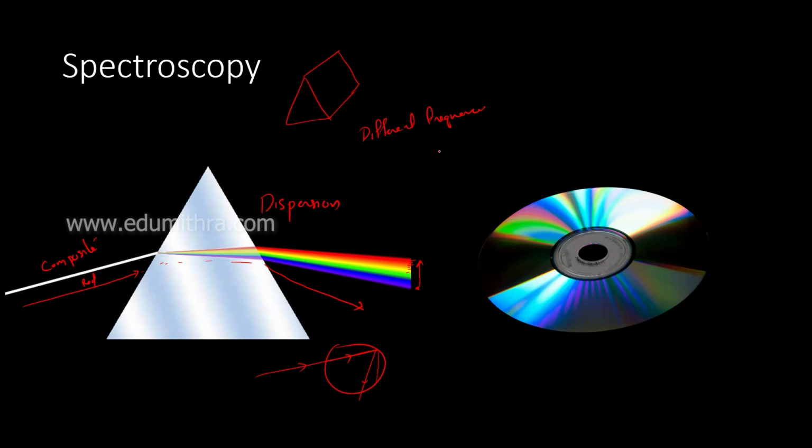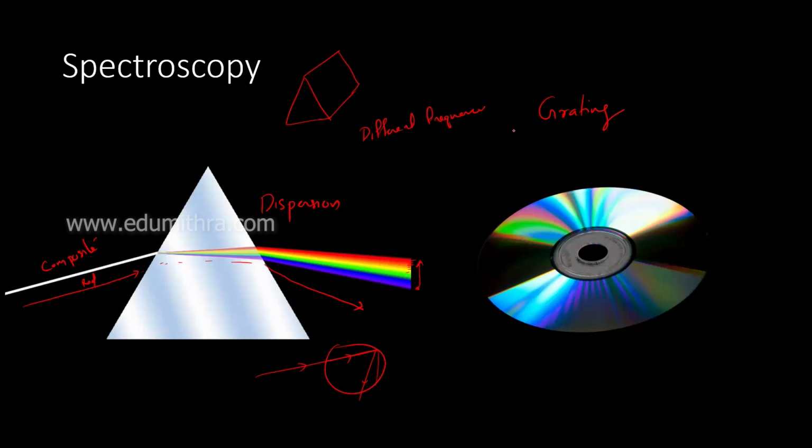But to split light into its constituent colors, there is one more method in physics, one more instrument. That instrument is called a grating. A grating is actually something so simple.